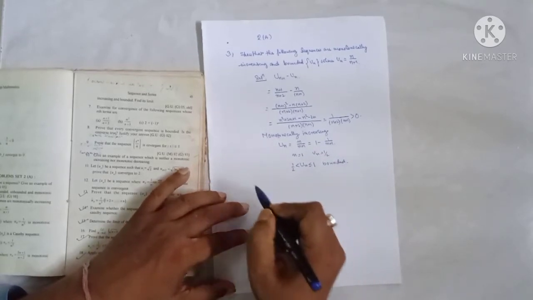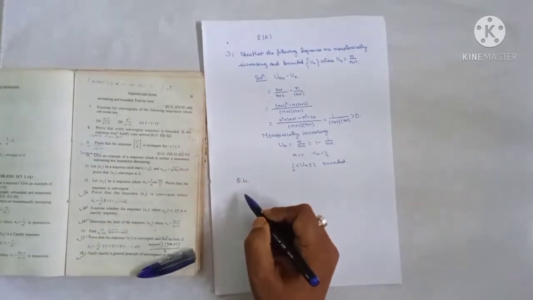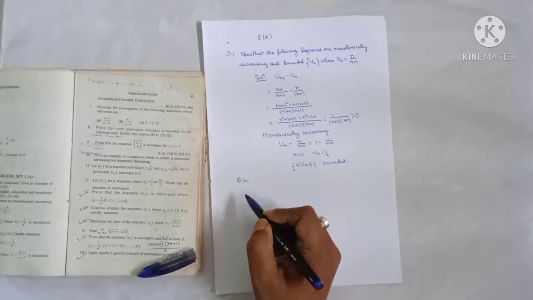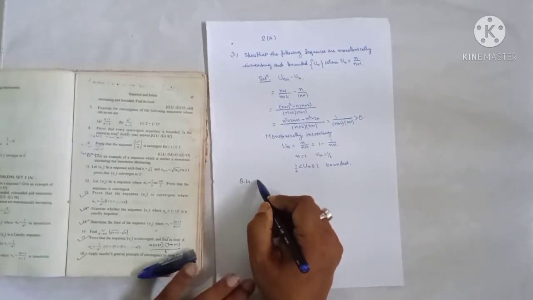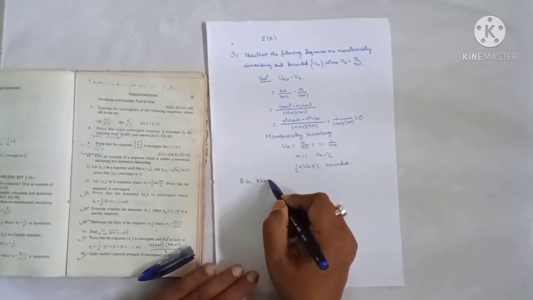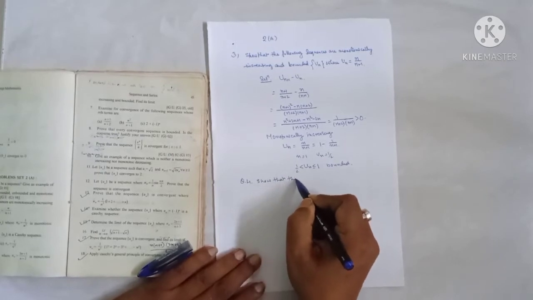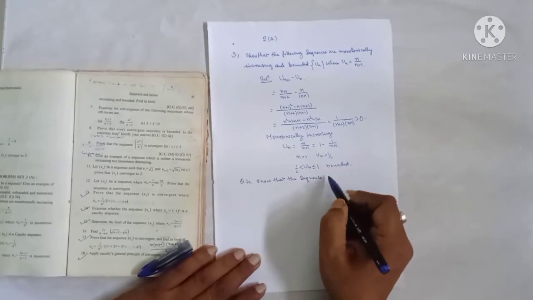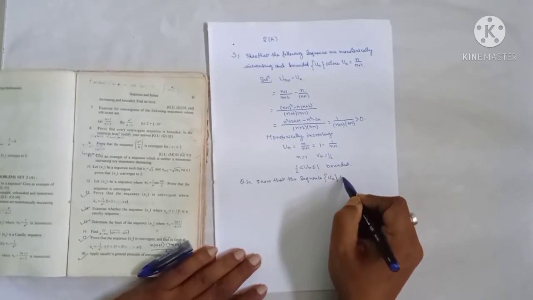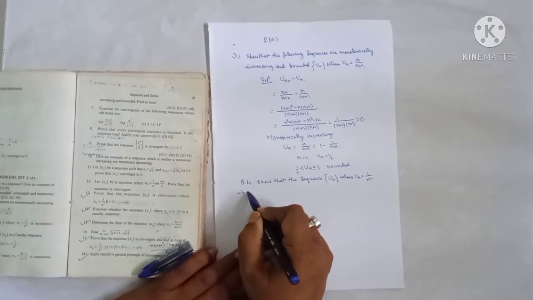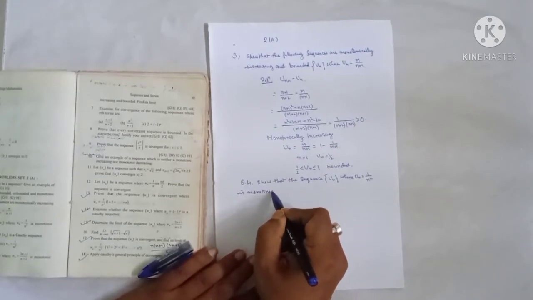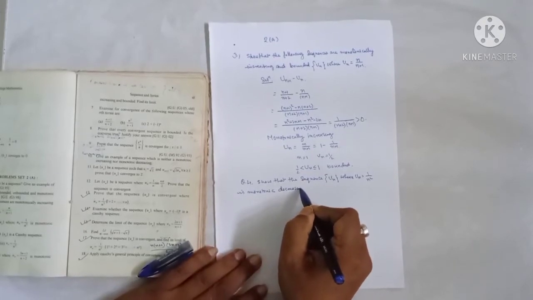Now question number 4. Here the question is that the sequence un, where un is equal to 1 by n square, is monotonic decreasing and bounded.